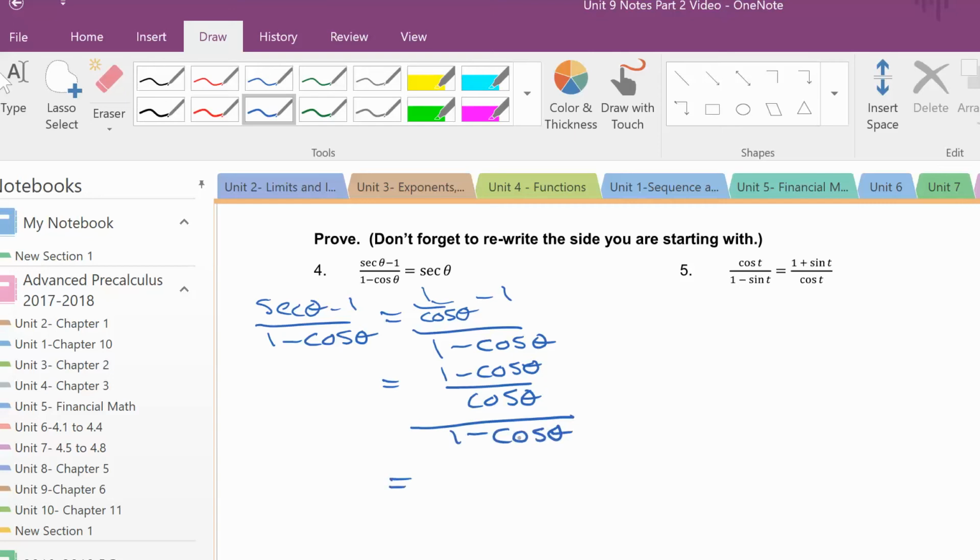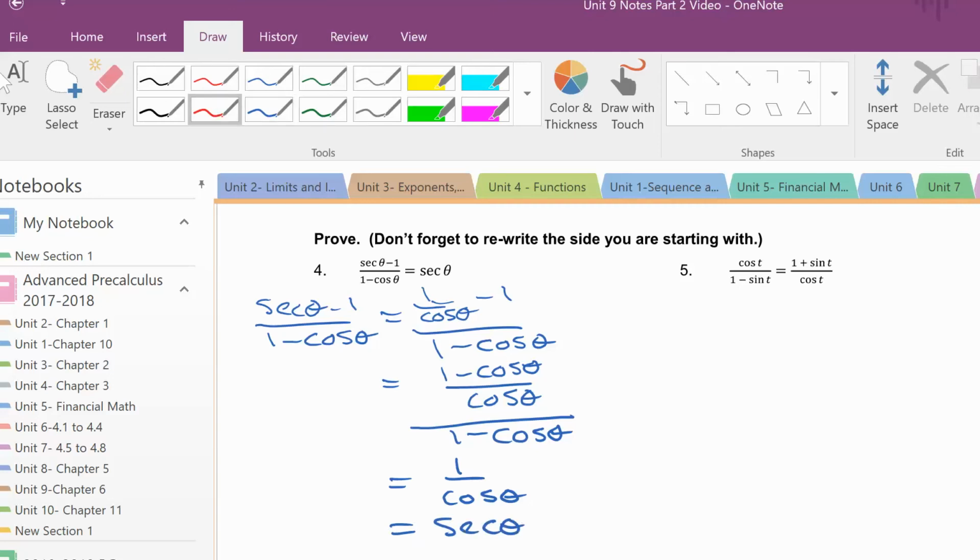Remember, when you divide fractions, you multiply by the reciprocal, and it might be a good idea on a scratch piece of paper to do the computation, like 1 minus cosine theta over cosine times 1 over 1 minus cosine, and then you can cross out. So that gives you 1 over cosine theta, and that is equal to the secant theta.